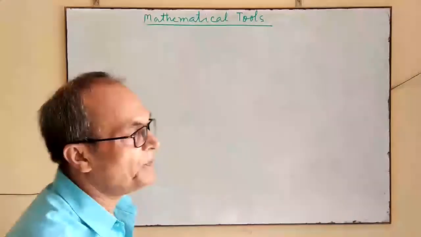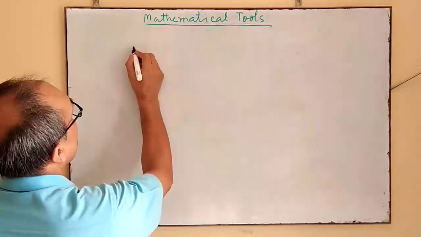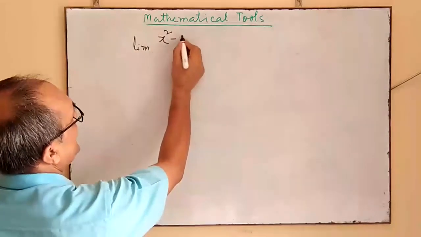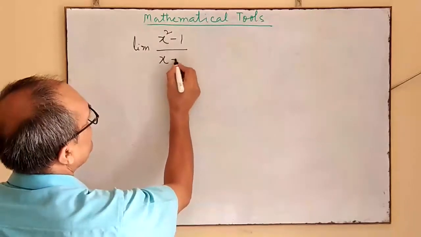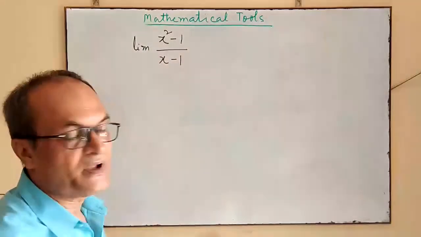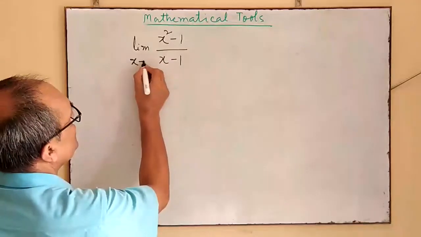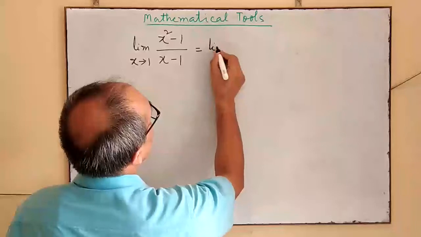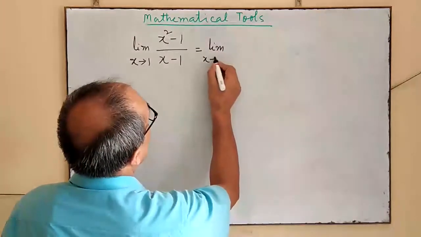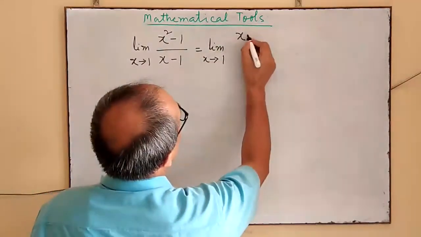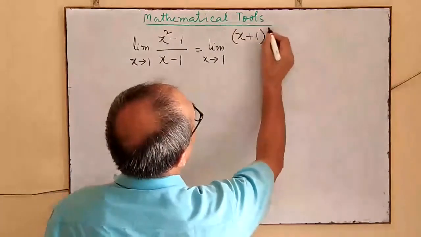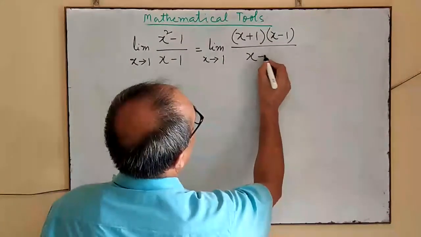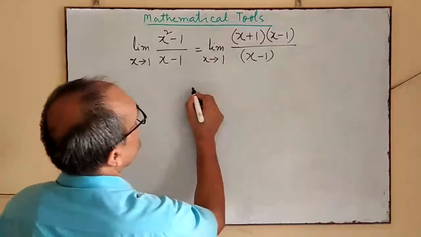So we are going to find out the limit of x squared minus 1 by x minus 1, where x tends to 1. This may be written as limit x tends to 1 of (x plus 1) into (x minus 1) by (x minus 1).